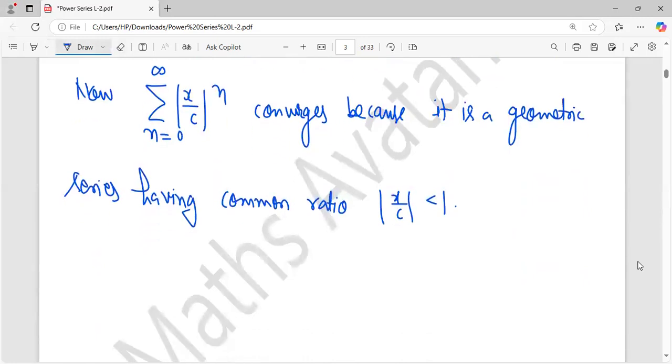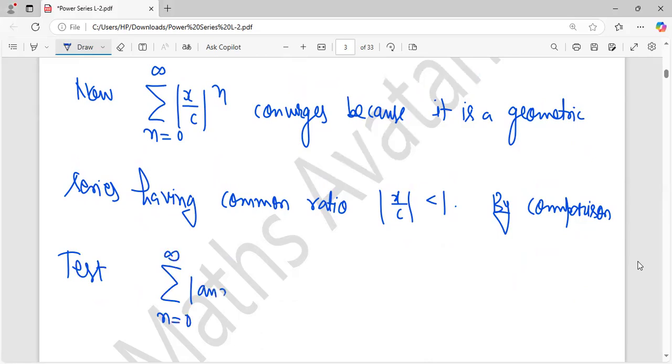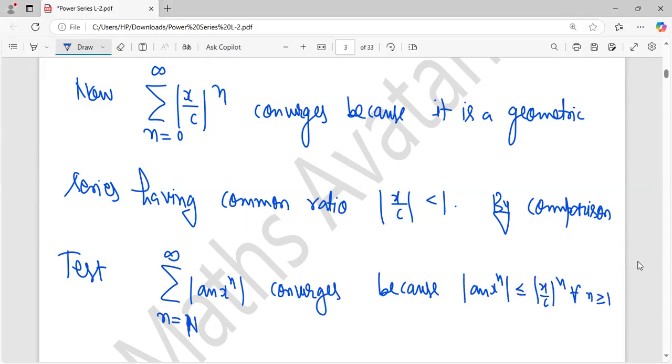By the comparison test, this series summation n goes from 0 to infinity a n x to the power n converges, because the absolute value of a n x to the power n is less than x upon c to the power n for all n greater than capital N. So by comparison test it converges.